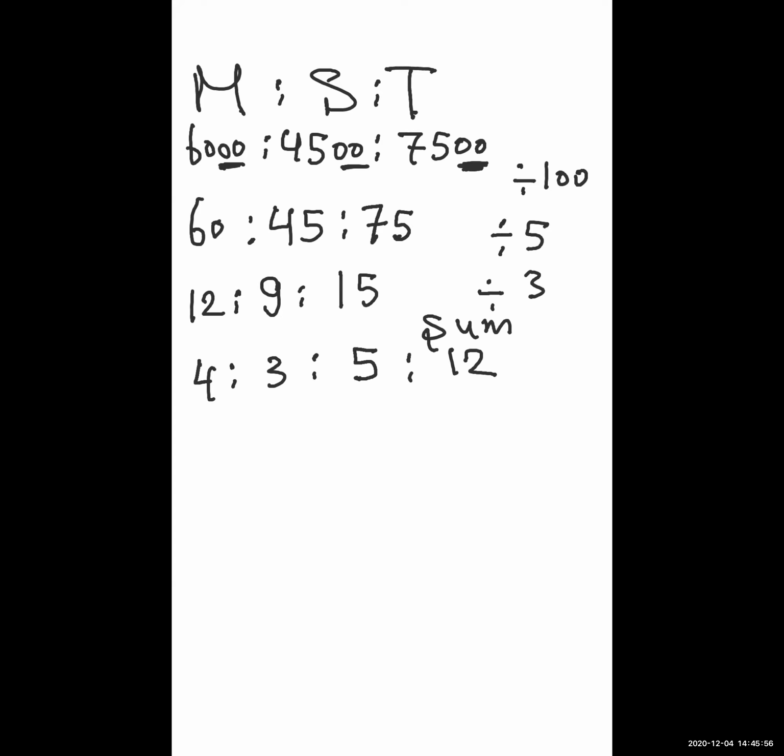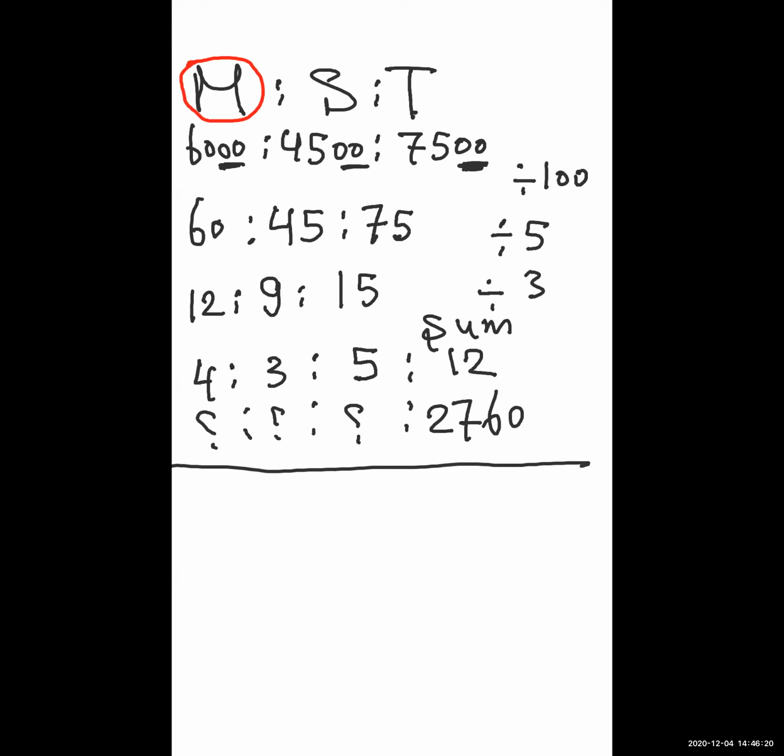Okay. Now, what is the total loss? It's 2,760 pounds. Now I can get each one of them. How much did he lose? The first one, his name is Maher, I guess.